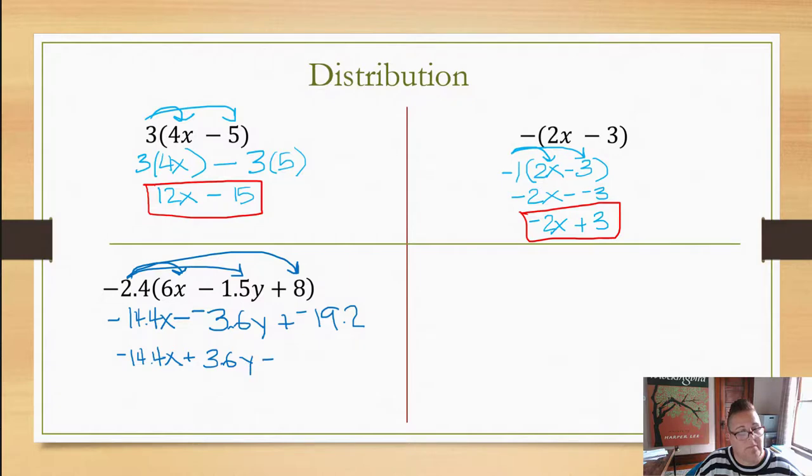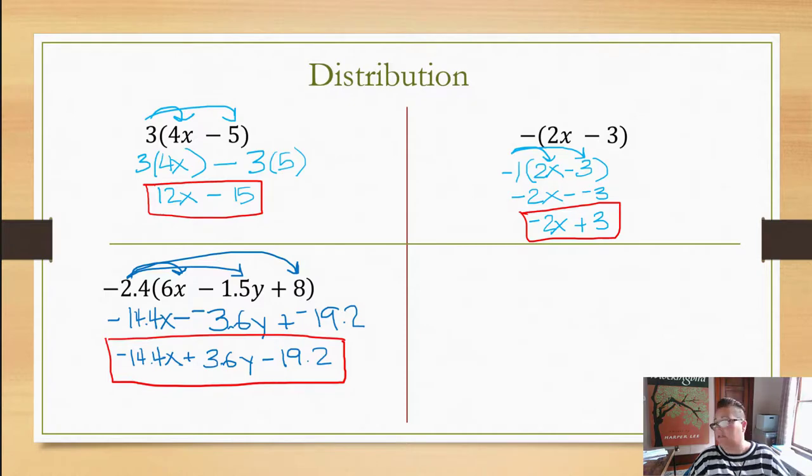Plus a minus is a minus 19.2. I cannot combine x's with y's because they're different letters. And this last term is a constant, so I can't combine it with any of the letters. So this is all I can do. That's the best I can do to clean it up. So when I multiply or distribute that negative 2.4, I end up with a negative 14.4x plus 3.6y minus 19.2.